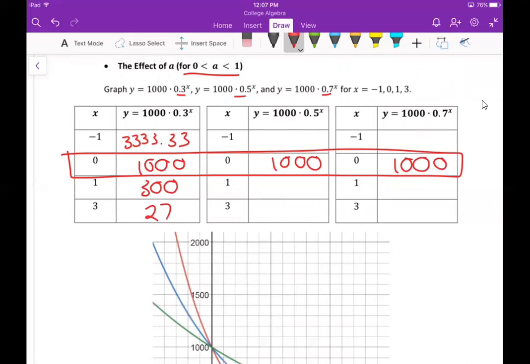As I go in the negative direction, I decay slower, right? I only go down to 2,000 rather than 3,000. As I move into 0.7, I go down even slower. I only go down to about 1,400. Oops, yeah, that's right. As I go positive on the 0.5 compared to the 0.3 decay factor, I grow faster.